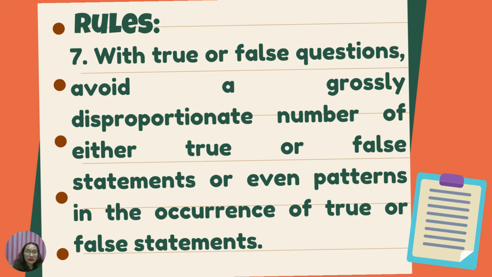But we should see to it that the division of the number of questions must be equal or must be proportional. Alright? So those are the rules in constructing a true or false question.